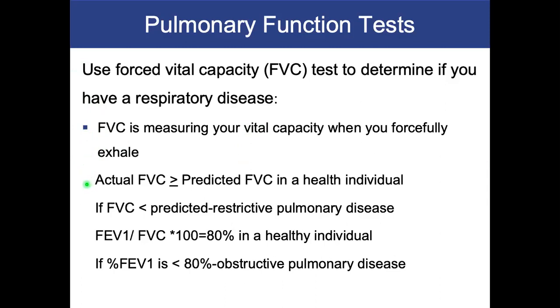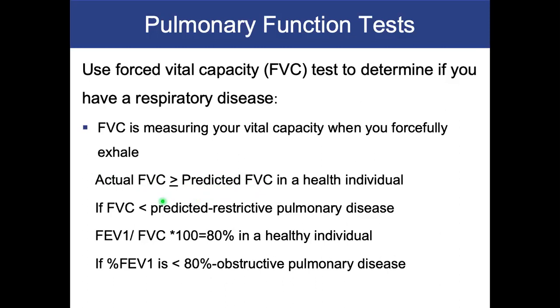So when you go in for respiratory tests, or if we did this for lab, we would put in a person's parameters. So age, weight, height, gender, and ethnicity. And that would give us predicted values. The computer has an algorithm that would come up with your predicted vital capacity.